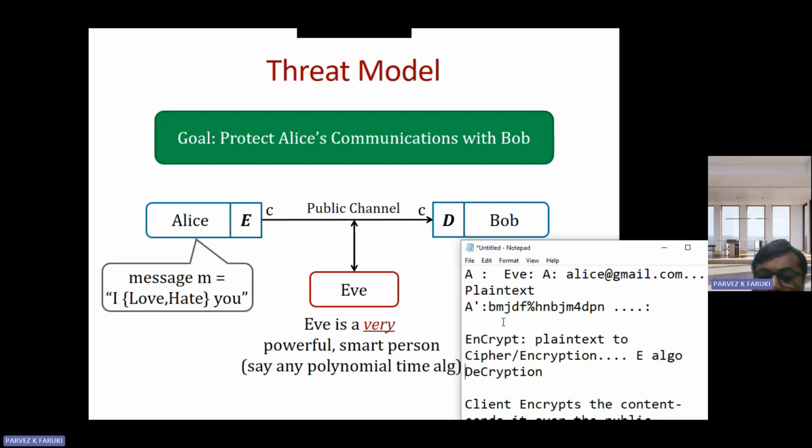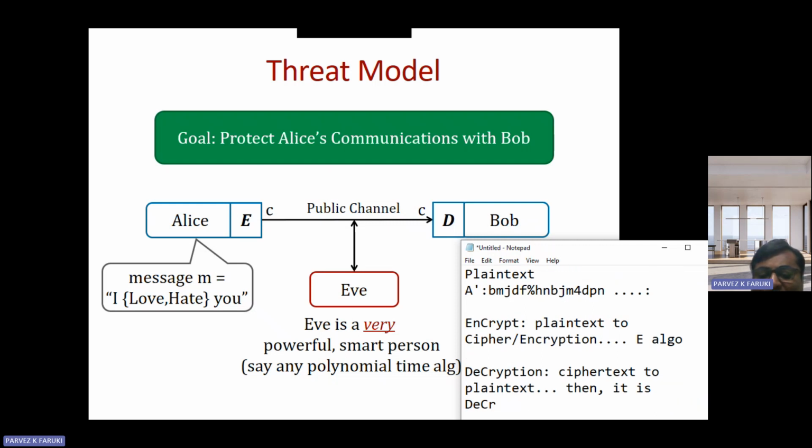And when you want to gain the same plain text, that is, ciphertext to plain text, then it is decryption. You are doing exactly the reverse of what you did. You converted plain text to encrypted text.